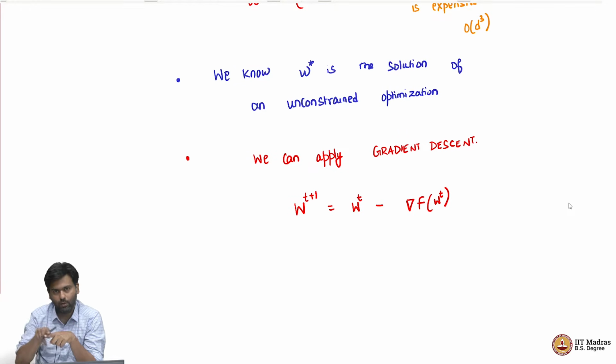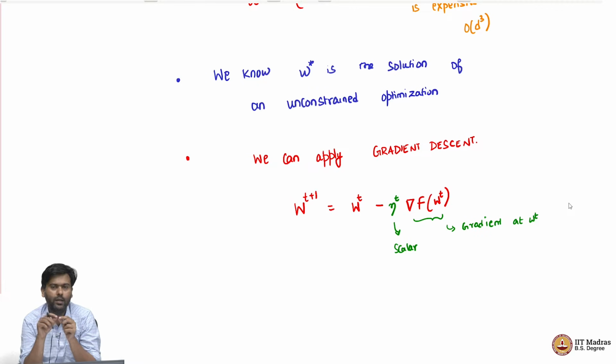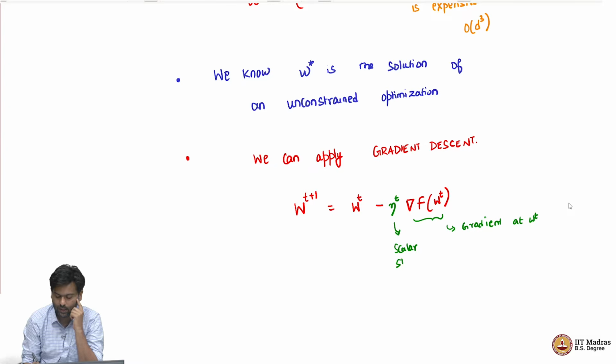The minus says that you are moving in the negative gradient direction. This is the gradient at Wt, but then you move some scalar times the negative gradient, where the scalar tells you how much step I should take in the direction pointed by the negative gradient. So, this is the step size basically.